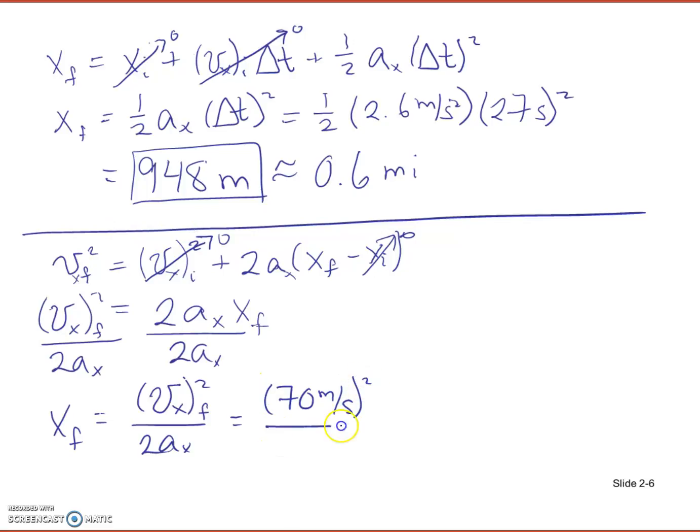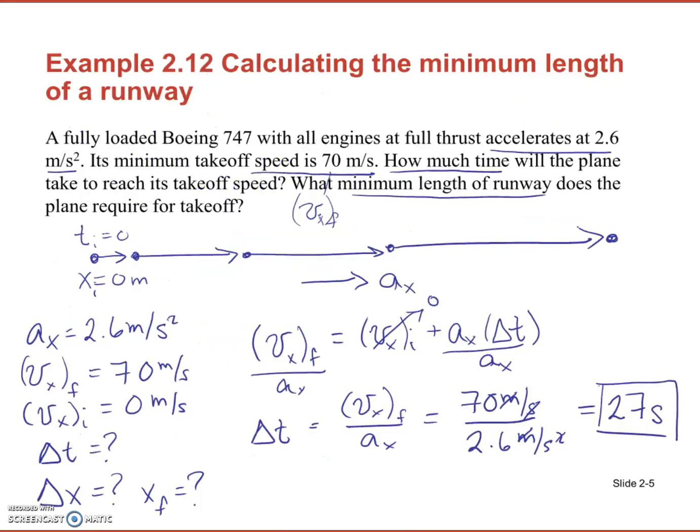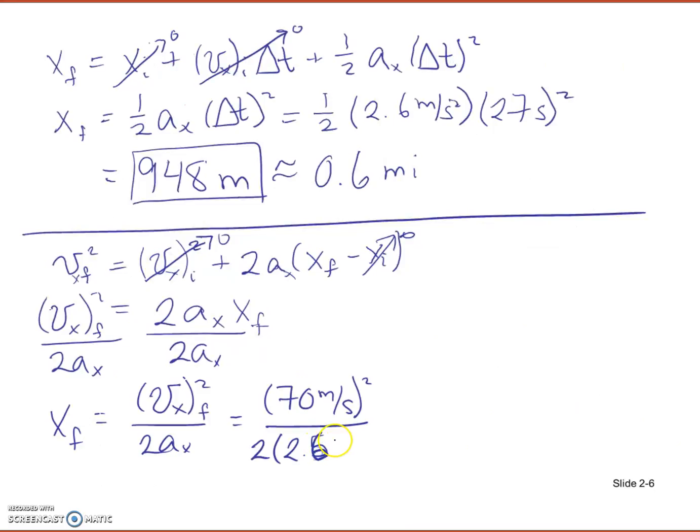Don't forget to square it. Divided by 2 times the acceleration, which is given as 2.5, is that right? 2.5? 2.6. 2.6 meters per second squared. So there's a typo in my notes, which means there might be a typo in my answer. So double check this for yourself. Put in a 6 there.